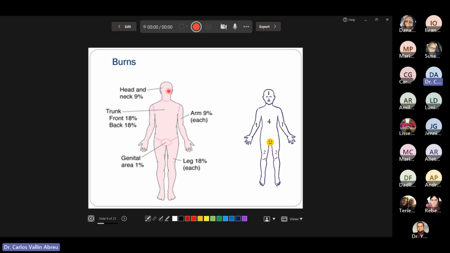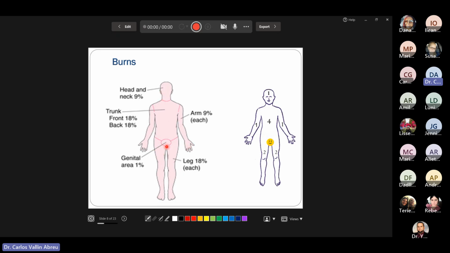So 9% for the head, 9% for the left upper extremity, 9% for the right upper extremity. Okay, so 9, 9, and 9. The lower extremities are, of course, much, much bigger than the head and the upper extremity.